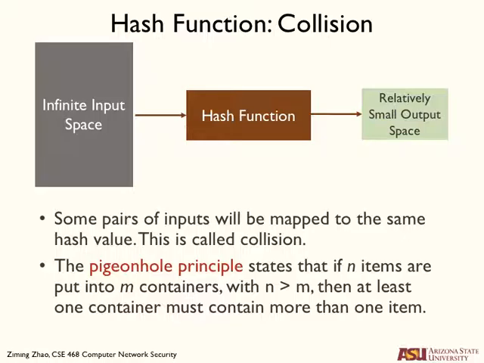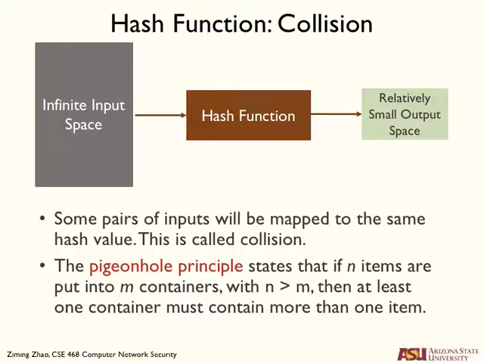And another problem is, because it maps data from a huge space to a much smaller space, according to the pigeonhole principle, which states that if n items are put into m containers with n greater than m, then at least one container must contain more than one item, it's inevitable that some pairs of inputs will be mapped to the same hash value.